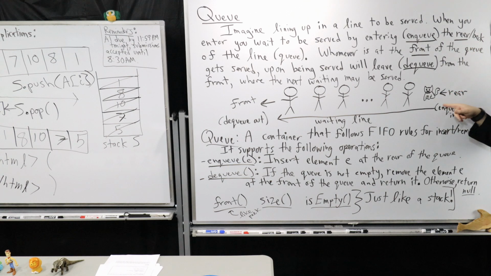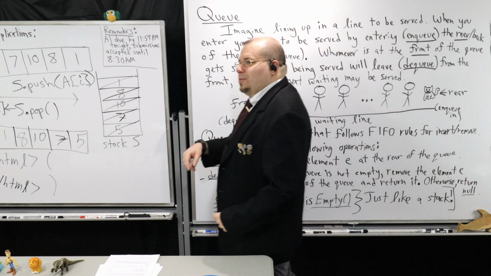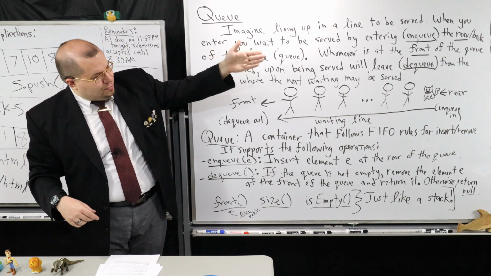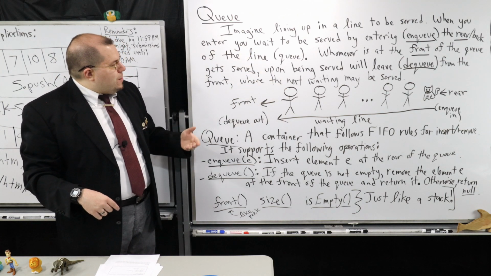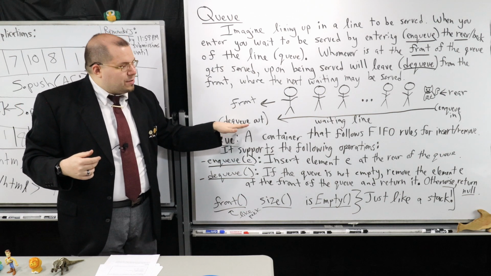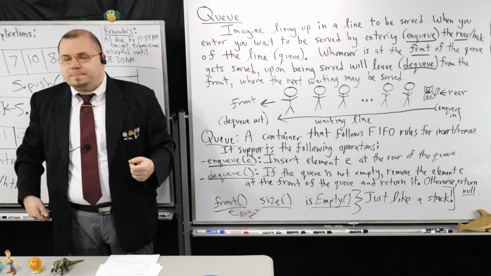So when you're NQ'd, that means you're entering, and you enter at the rear of the line. Whenever you're served and you want to leave the line, you're DQ'd out of the line.